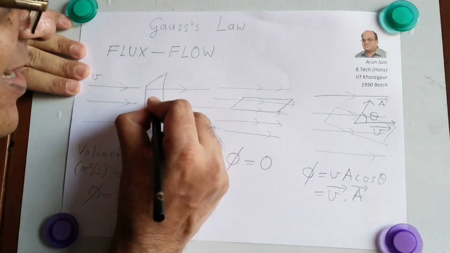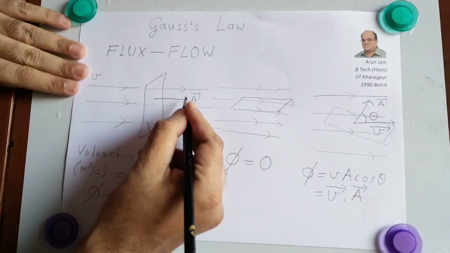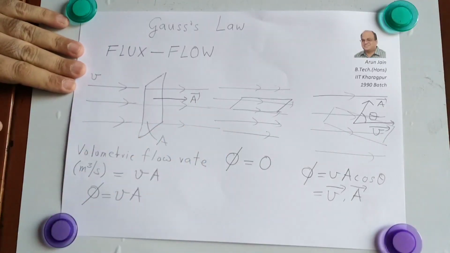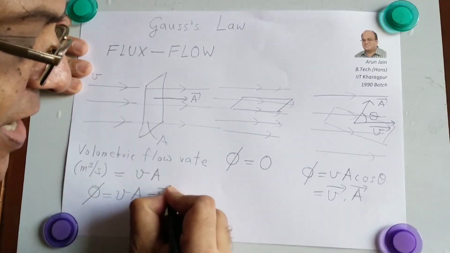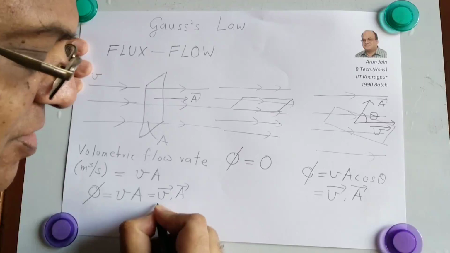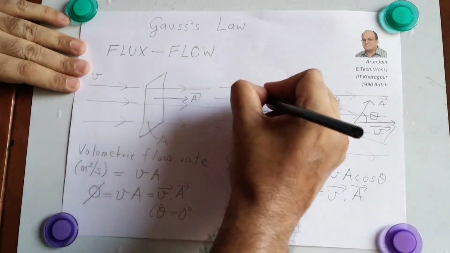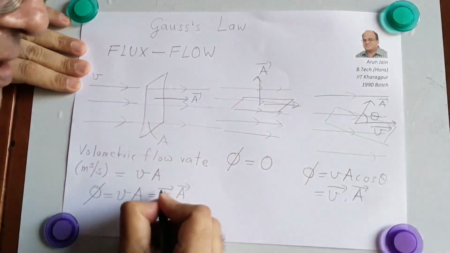Here the area vector is actually in this direction. So velocity vector is parallel to area vector. Angle between them is 0. So therefore this is also equal to V vector dot A vector, where theta is 0 degrees. Here the area vector is perpendicular to velocity vector.